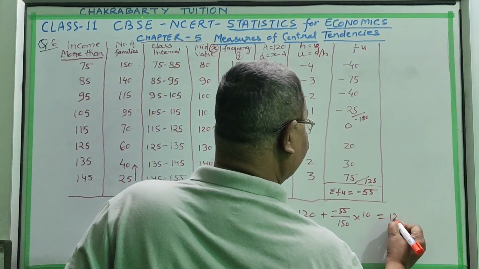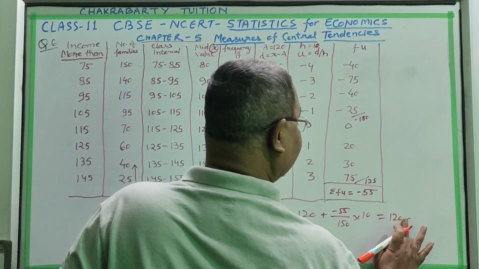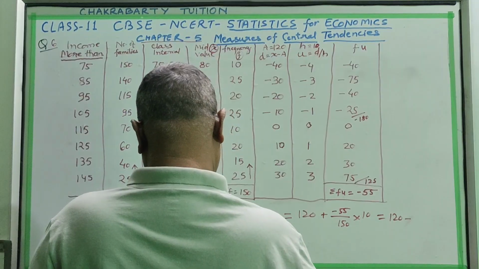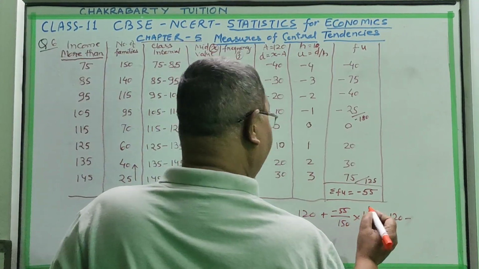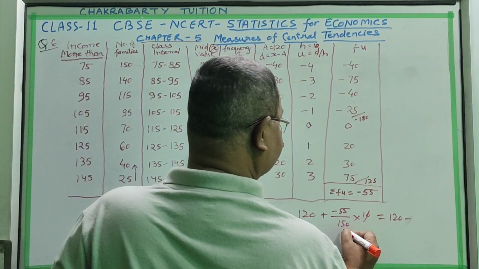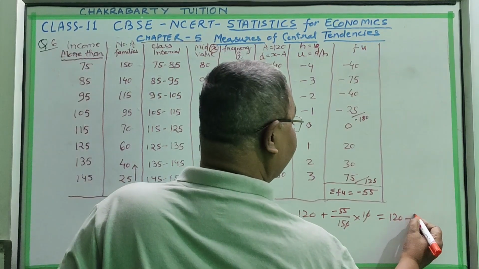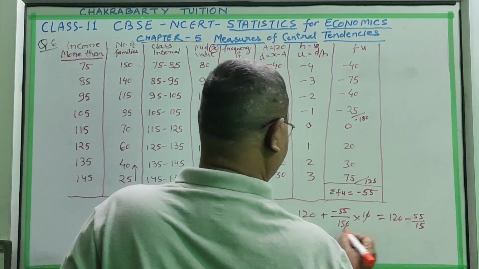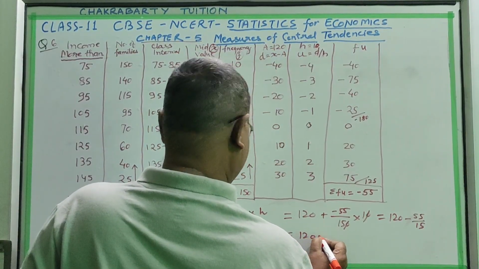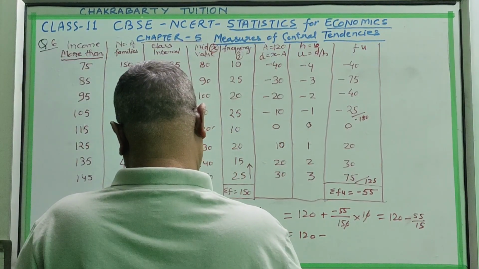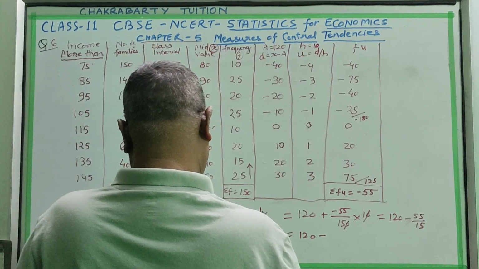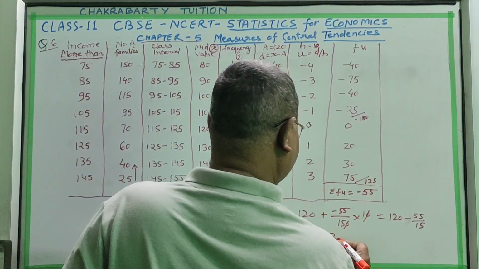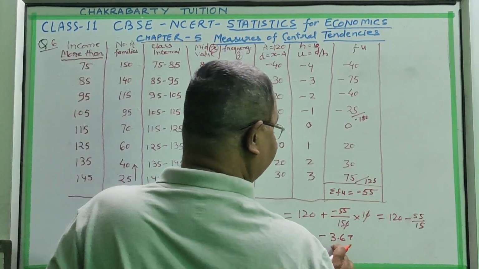So it will become 120 plus, now it will become a minus sign. Here we can cut also, minus 55 upon 15. So we can solve 55 upon 15, which becomes 3.67. 15 3s are 45, no?